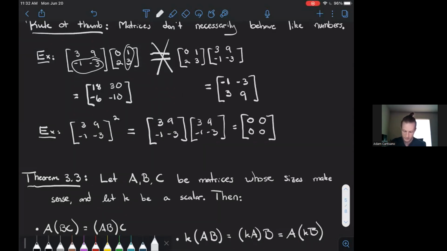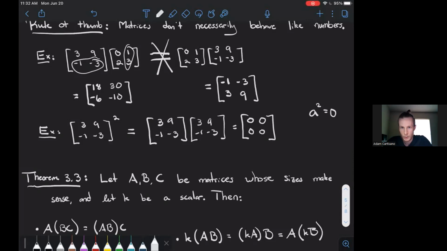Wait a second. I had a non-zero matrix squared, and it gave me the zero matrix. In other words, for real numbers, if you had some real number and you squared it and you got the number 0, that definitely implied that the number is 0, right?